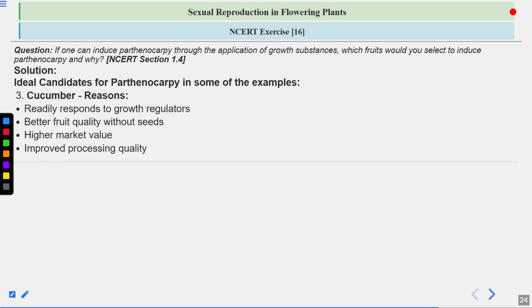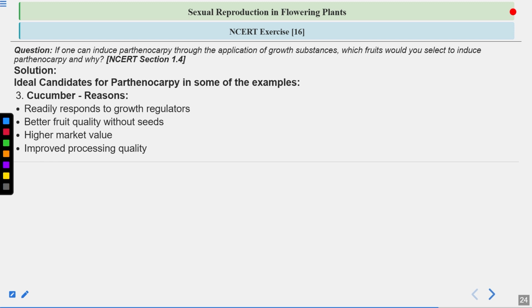So if there is no seed, then there is no ovule in the ovary? No, there are ovules. Listen, there are ovules, but the ovules do not transform into seed because there is no fertilization. Parthenocarpic fruit does contain the ovule, but it does not transform into the seed because there is no fertilization.